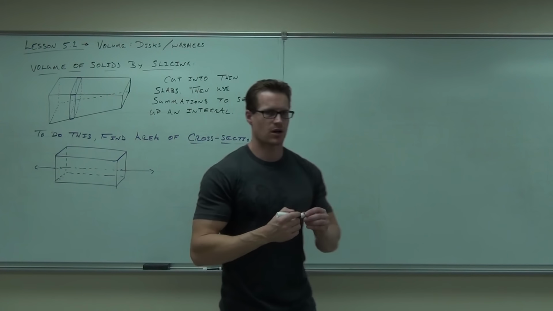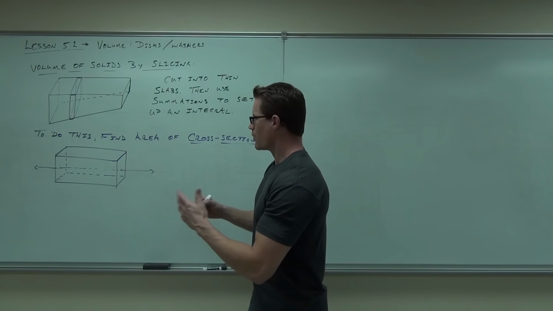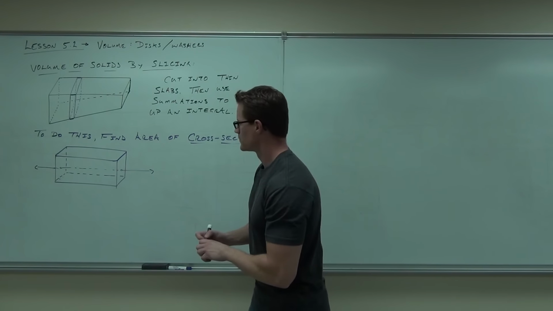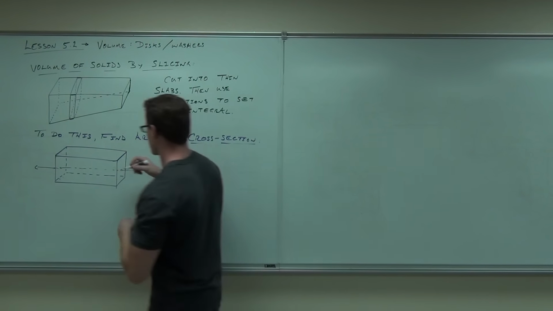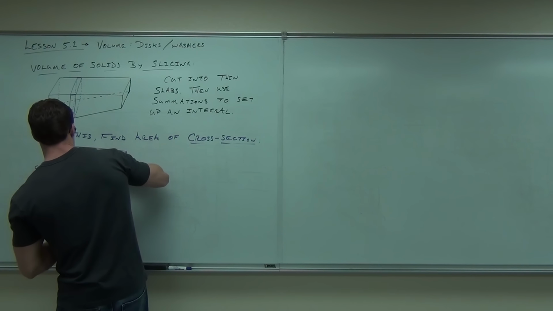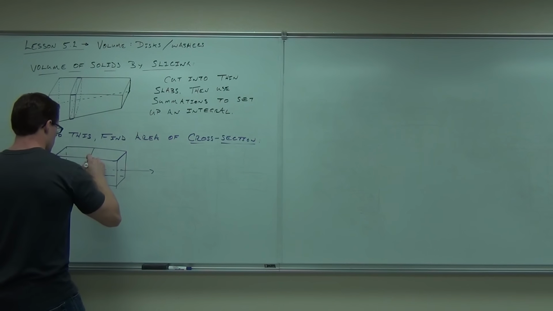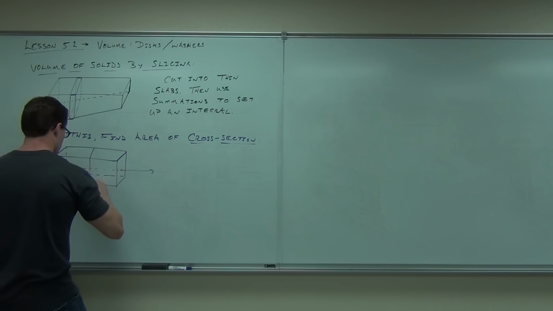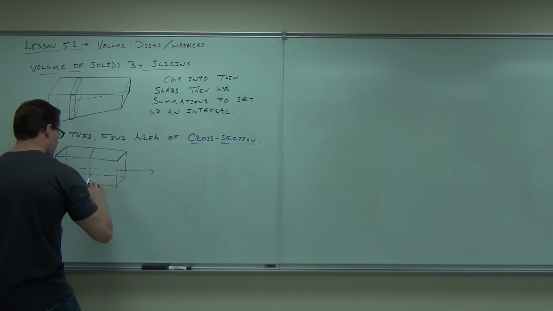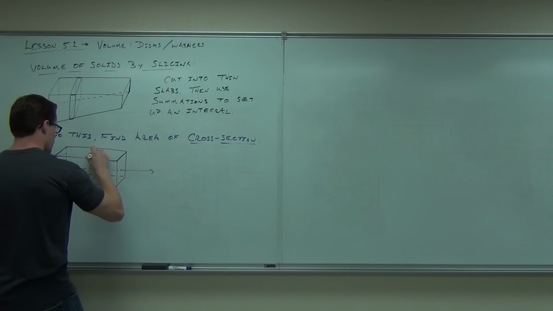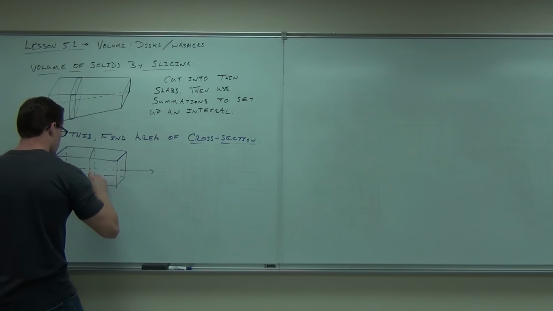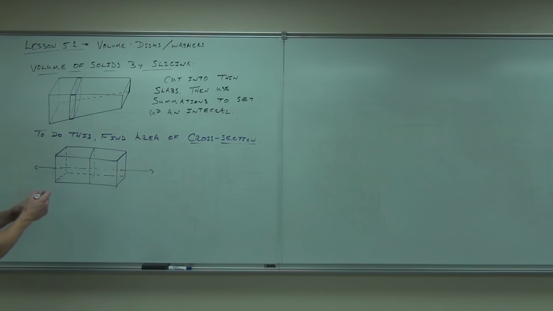If we wanted to find the cross-section, what we would have to do is take a slab, or take a slice to find the area, and we'd slice it like this. We do some sort of a slice.